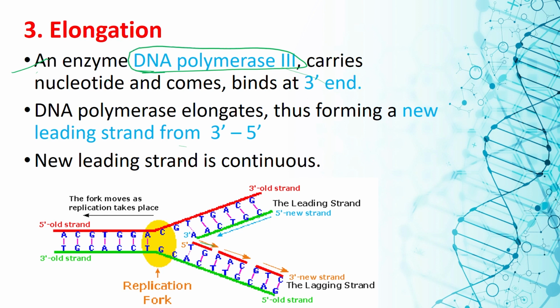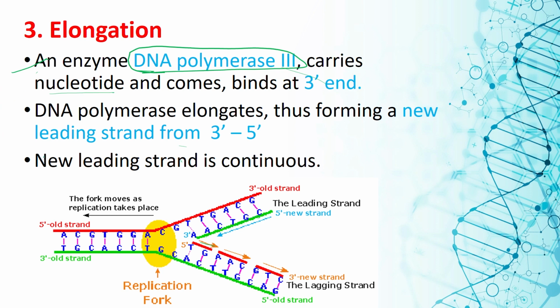Now the primer will go, and the DNA polymerase 3 enzyme will come and bind at that point, and it will bring the nucleotides to the strand, and the strand is now continually synthesized.